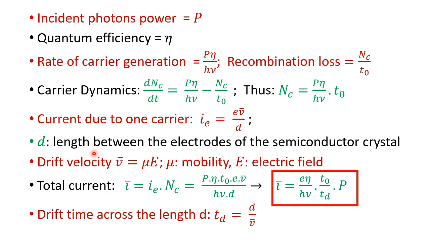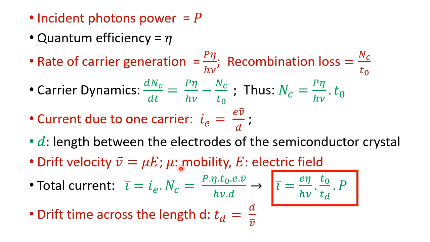And the other thing which we know, which I have not dealt with too much, is this notion of mobility. The drift velocity is proportional to the electric field which is present, and mu is a parameter called mobility, which is a characteristic of this material.